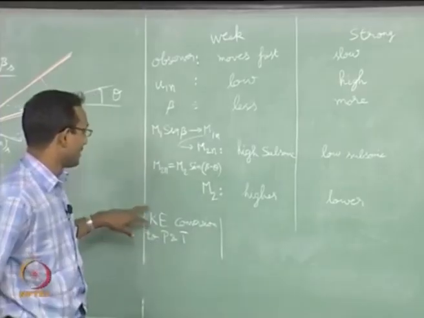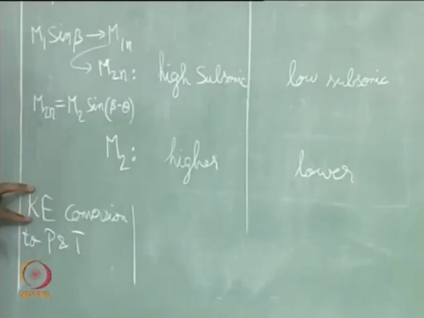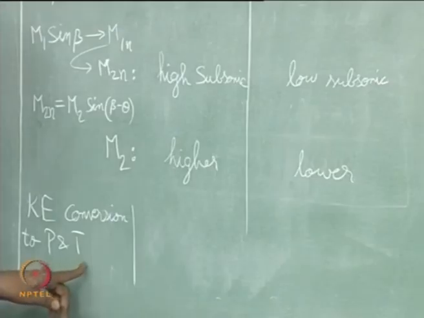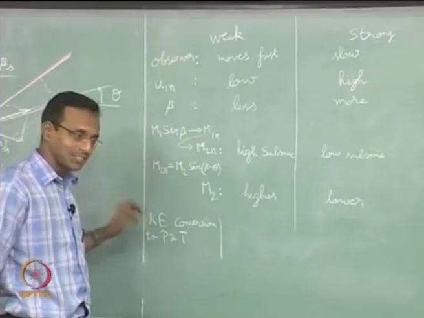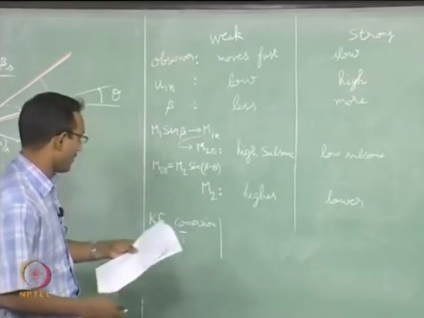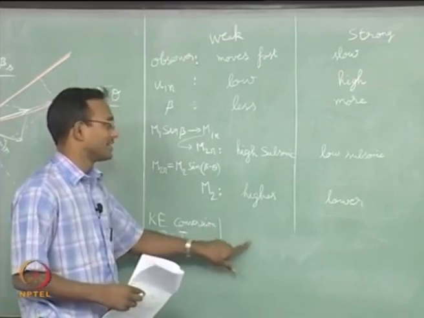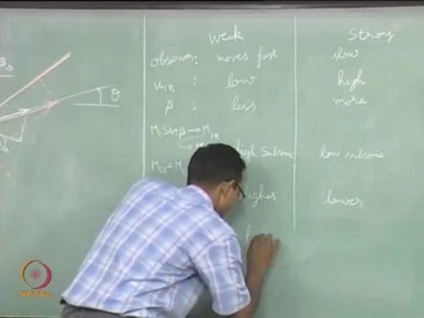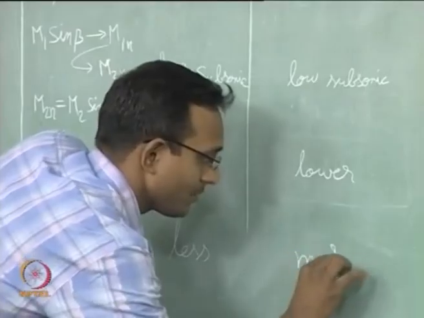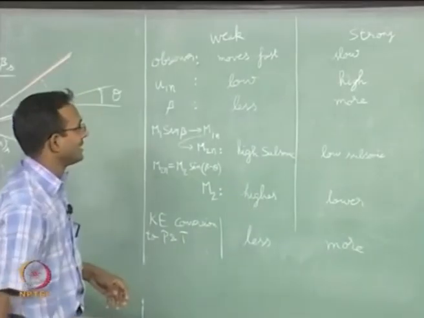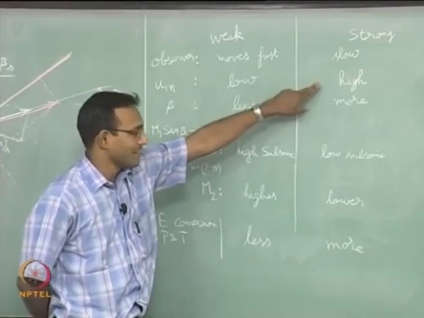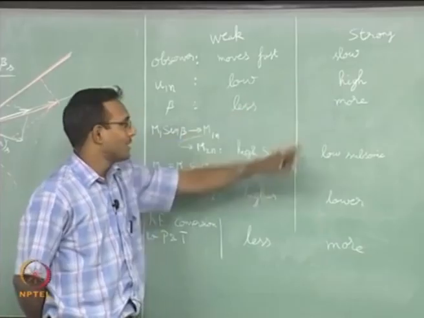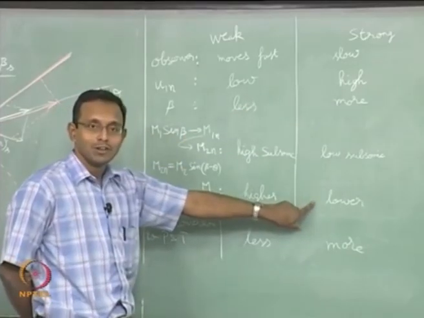So basically I am taking the kinetic energy in the flow and putting it into the internal energy in the molecules. Now I am thinking molecules, while this is I am thinking fluid element. If I take it and put it inside the molecules inside the fluid element, then I am finding that the conversion will be less for this case and more for that case. How can I say that? I can directly say that U1 normal is higher for a strong shock, but the outcome is very small.